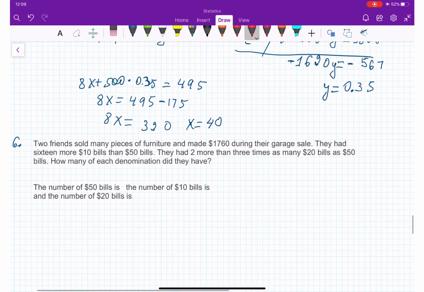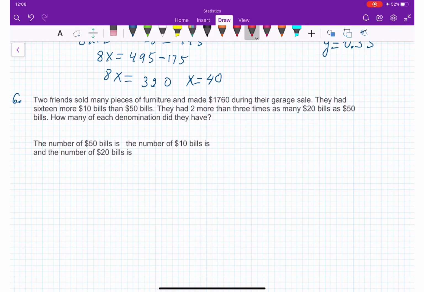Two friends sold many pieces of furniture and made $1,760 during their garage sale. They had 16 more $10 bills than $50 bills. They had 2 more than 3 times as many $20 bills as $50 bills.